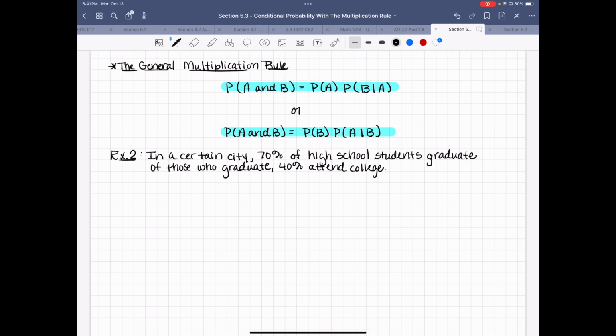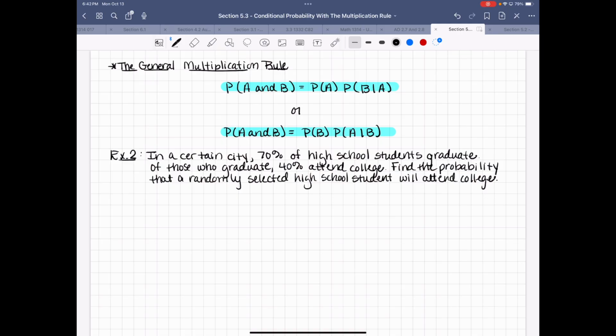Okay, find the probability that a randomly selected high school student will attend college.